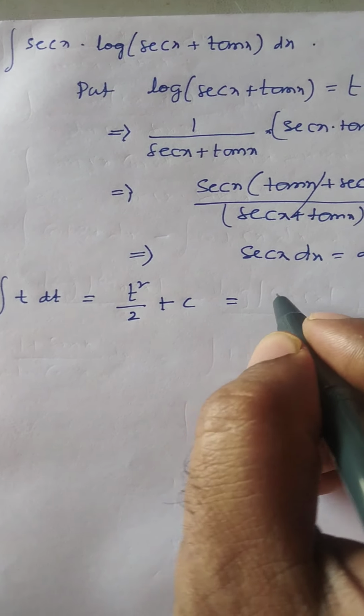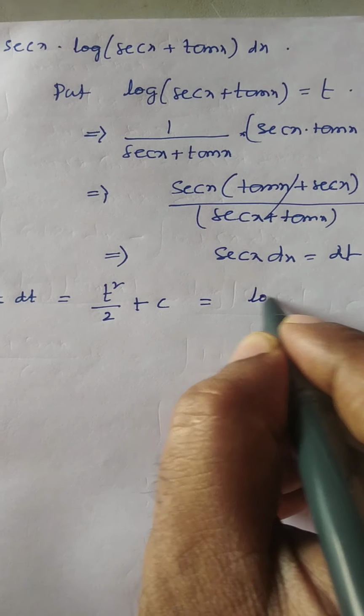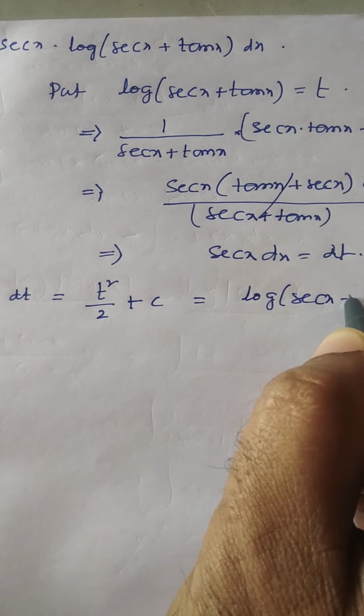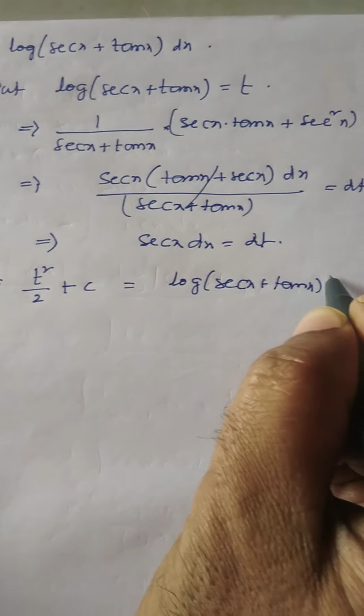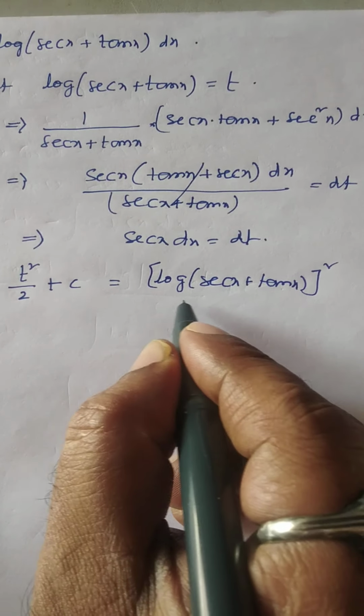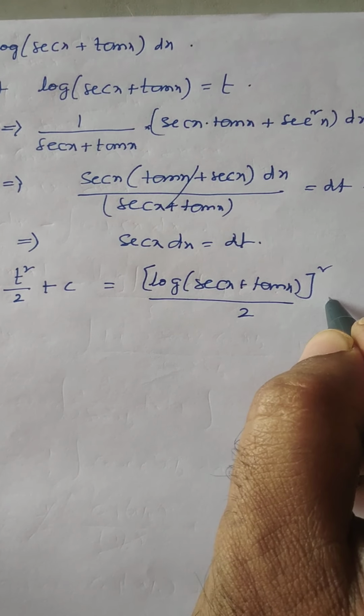So t is what? Log of secant x plus tan x whole square by 2 plus c. That is the final answer.